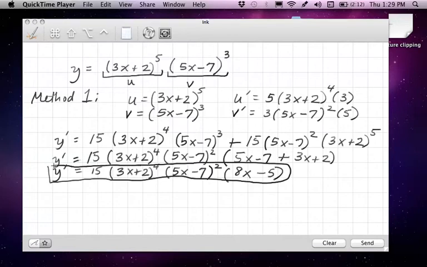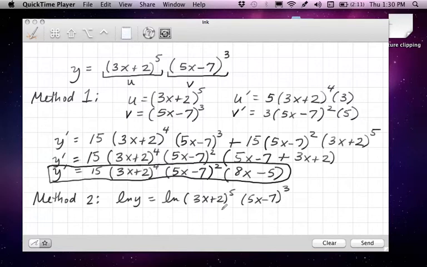Now, logarithmic differentiation, what you're going to do is, instead of just finding the derivative directly like this, you are going to take the log of both sides. So you would start with natural log y is equal to natural log of 3x plus 2 to the fifth, 5x minus 7 to the third, and then you can use the properties of logarithms to rewrite the right side.